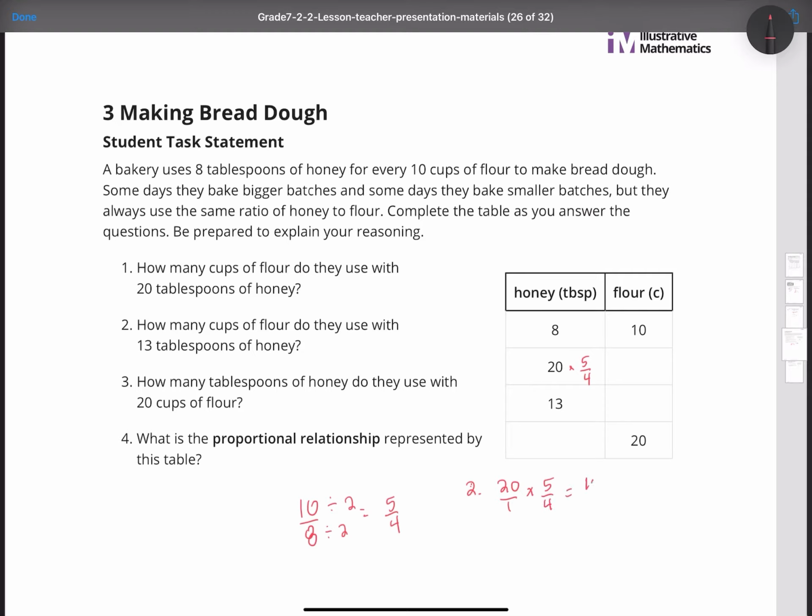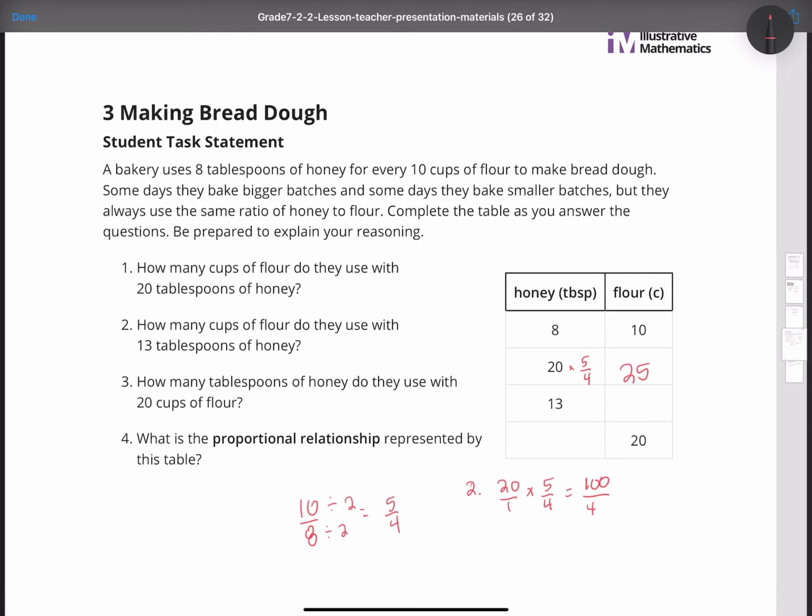And I'm going to multiply going straight across, which should be 100 over 4. And then you ask yourself, what's 100 divided by 4? If you guess 25, you are absolutely correct, because you can look at it as how many quarters are in $1, and there are 4 quarters in $1.